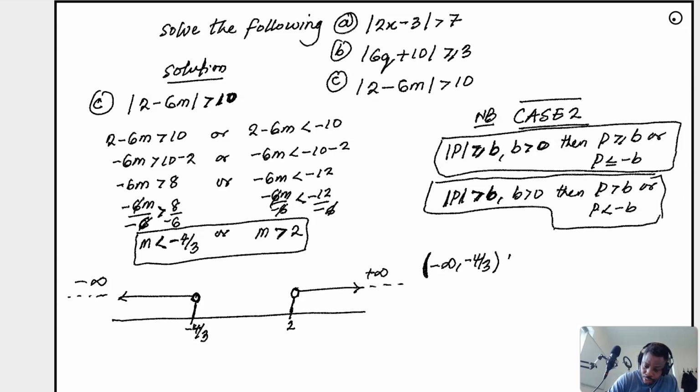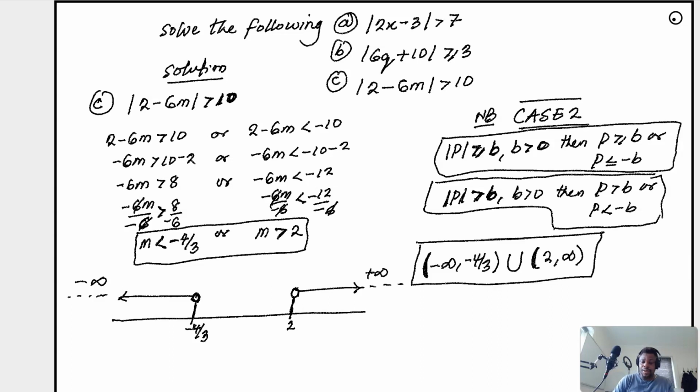So let me use union here. The next one is infinity is greater than 2. And this 2 is not inclusive because it's not shaded. So definitely it is a normal bracket. 2, then comma, infinity. So this is the interval notation solution. Easy. So that is everything on case 2.